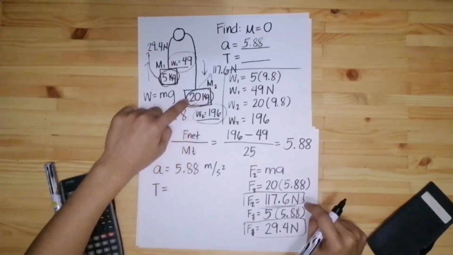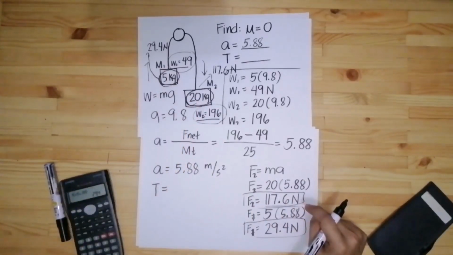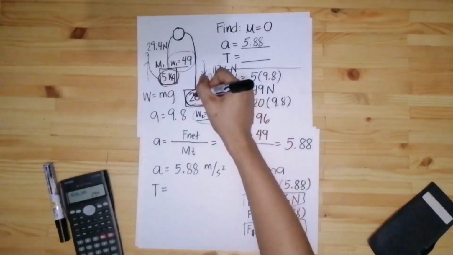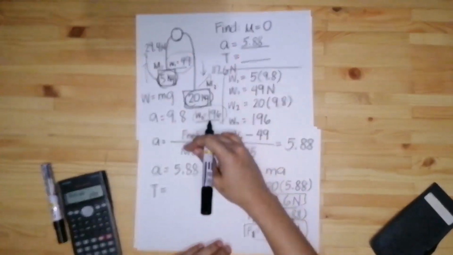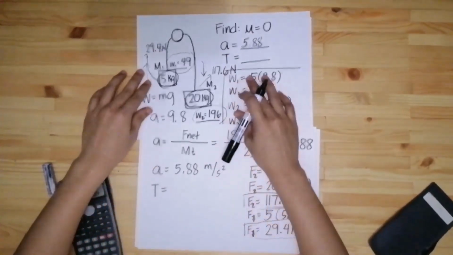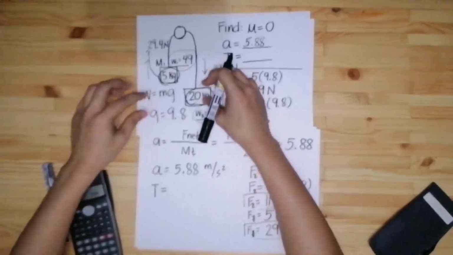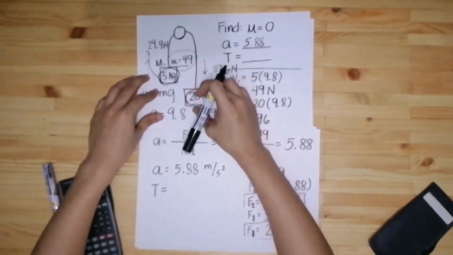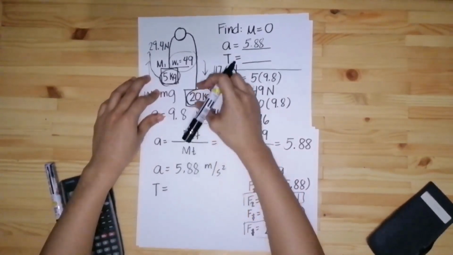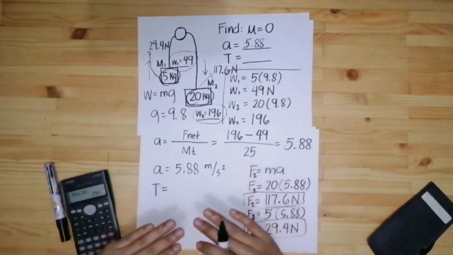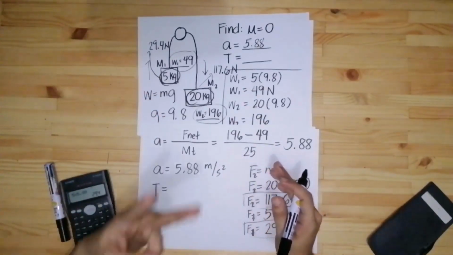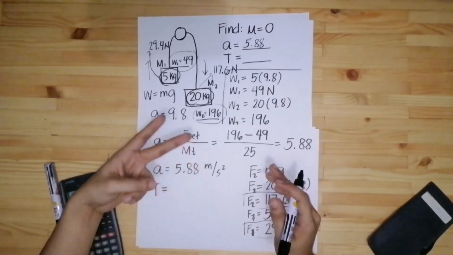So kung ito yung gagamitin mo to get the tension force, i-analyze mo lang kung yung object ba na ito ay bumababa o umaangat. Since sabi natin kanina, mas mabigat tong 20 kilograms, may weight siya na 196, bababa siya. Kapag pababa yung object, ipagma-minus mo yung dalawang force na meron sa kanya. Ano ba yung force na meron sa kanya?